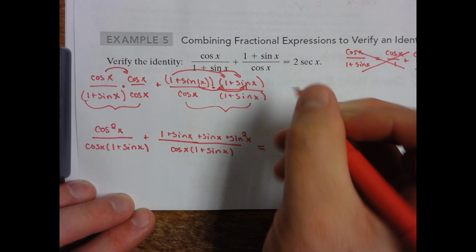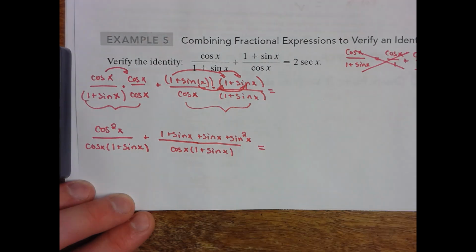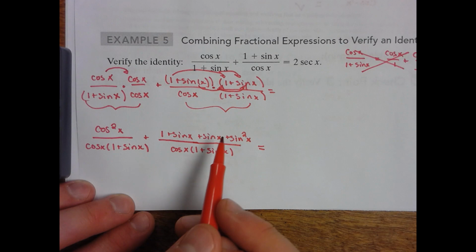So it feels like we created more of a mess, and it feels like we're really far away from getting it to be 2 secant of x. However, we have some simplifying things that we can do here. I'm going to do 2 things next. I'm going to rearrange the sine squared, and I'm also going to add these sine of x's together.